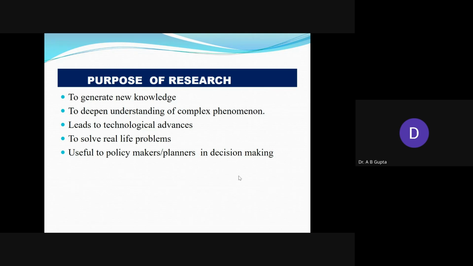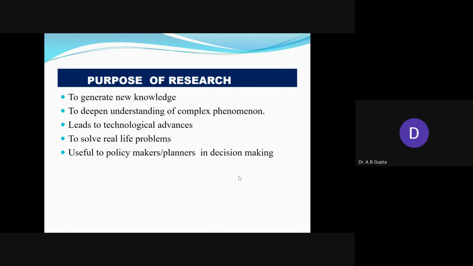Someone needs to plan, and that is where research comes in handy. If someone is carrying out research and trying to find out that this area is very, very critical, say infrastructure is very critical, or education is very critical, and if we give more focus on education, then maybe it will give better dividends.